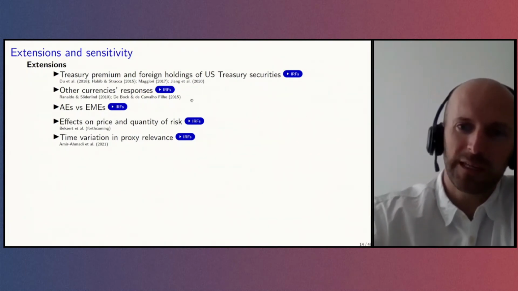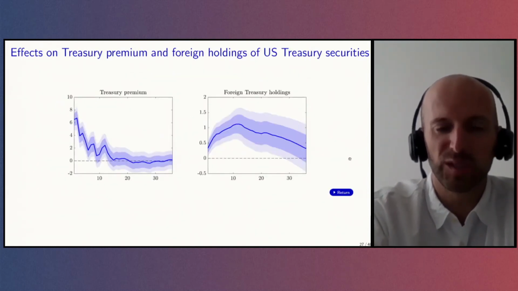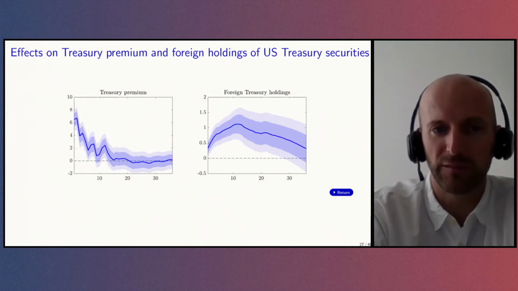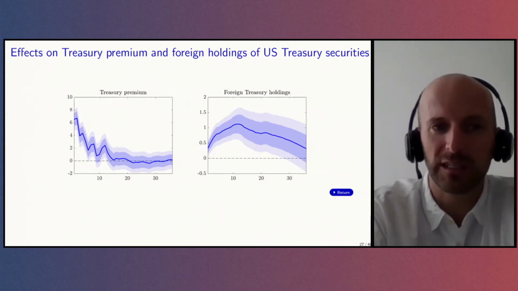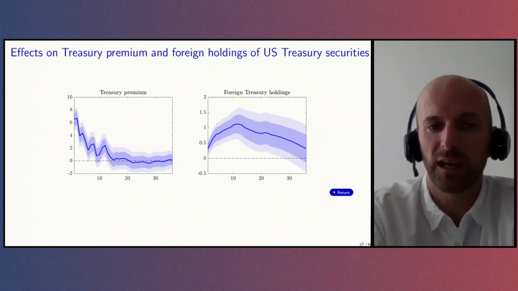And what we find is that the US Treasury premium indeed increases in response to the global risk shock that we identify. In other words, the convenience yield, the non-pecuniary return that investors derive from holding treasuries, rises more than the convenience yield that they derive from holding other G10 countries' sovereign bonds.